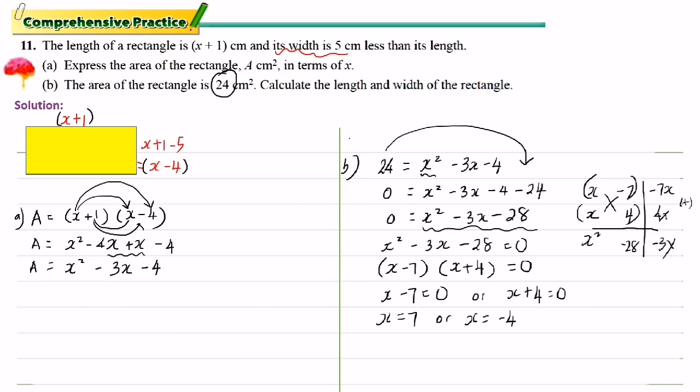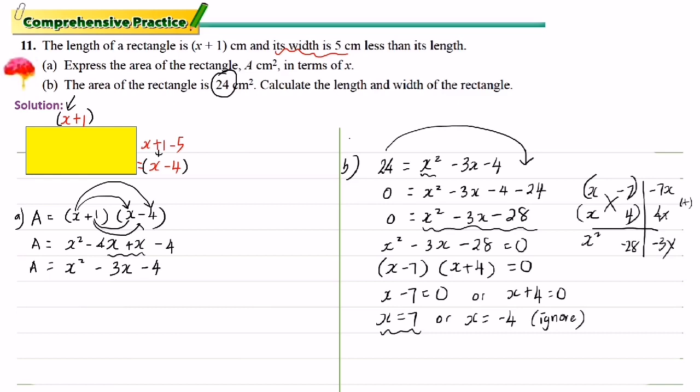But because s cannot be negative for the length and width, if negative 4 means negative 4 plus 1 is negative 3. Impossible, the length is negative. So we ignore the negative 4. So the value of s is 7. And we refer again to the question.